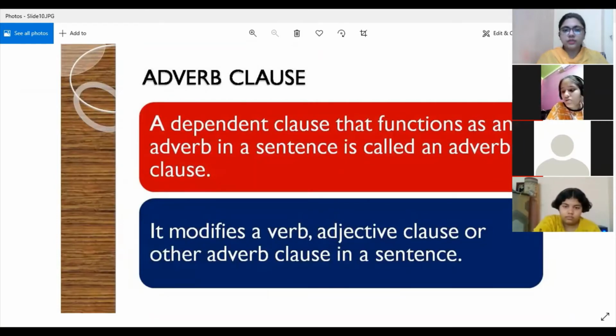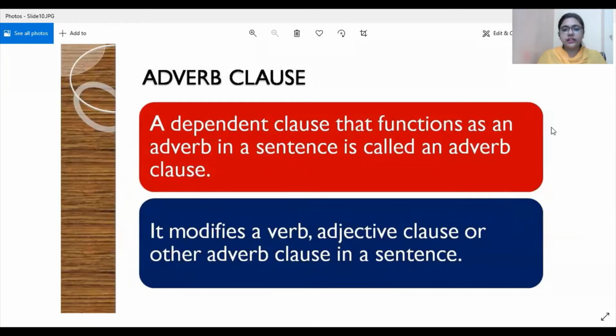All right. So we move on to the adverb clause, the last type of subordinate clause. A dependent clause that functions as an adverb in a sentence is called an adverb clause. Fine, like the name suggests. It modifies a verb, adjective clause, or other adverb clause. If you remember the function of an adverb, it is to modify a verb, an adjective, or another adverb.